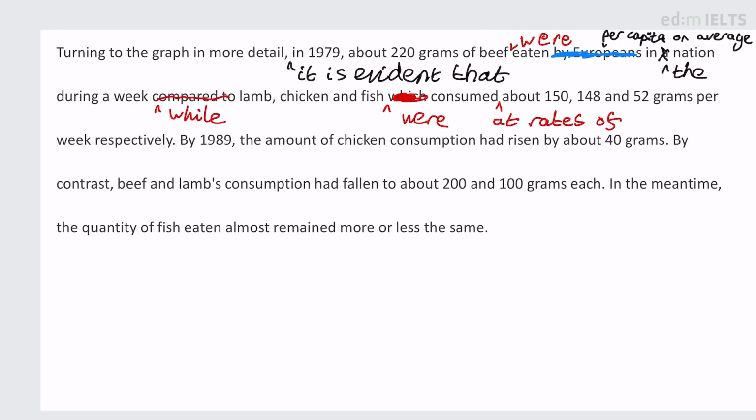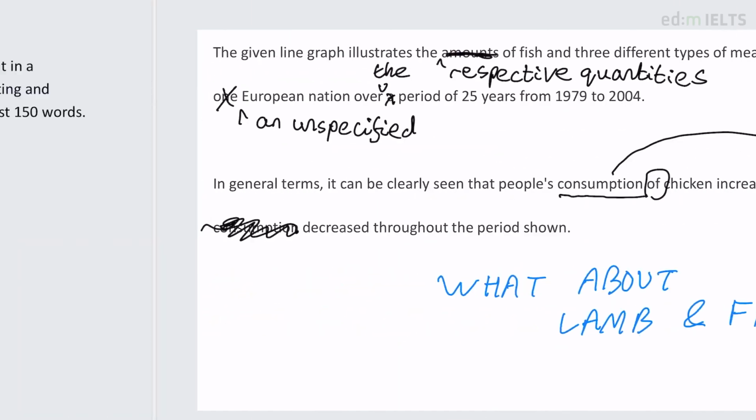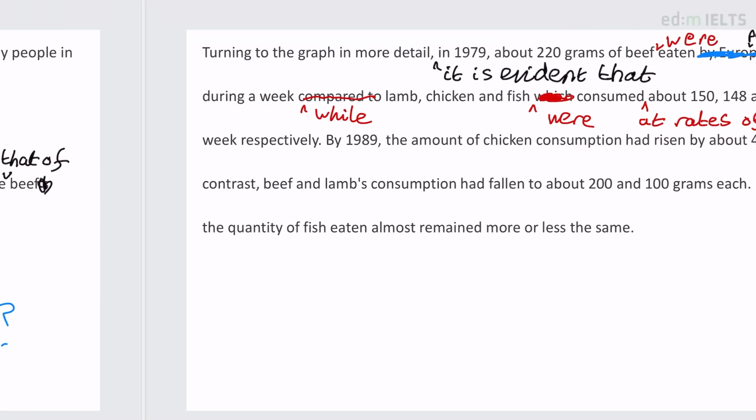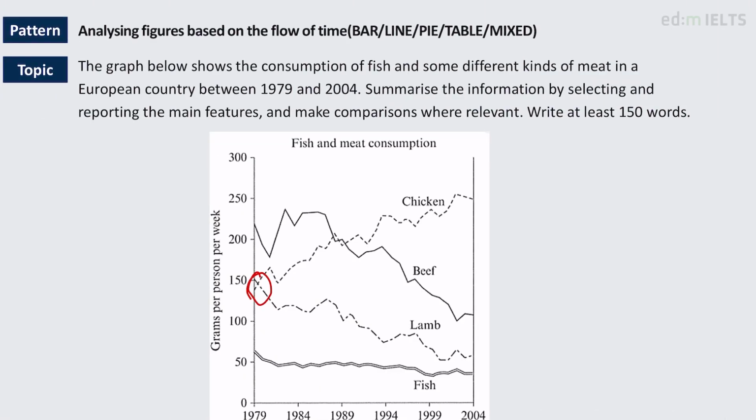That was for chicken. So from 148 grams, it should be to 188, roughly. Very specific to say 148. You can't be exact, can you? Better to say just under 150 grams.